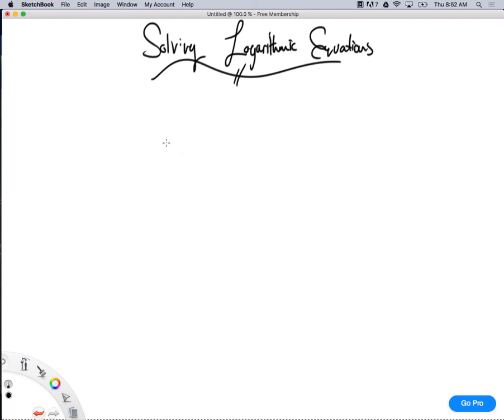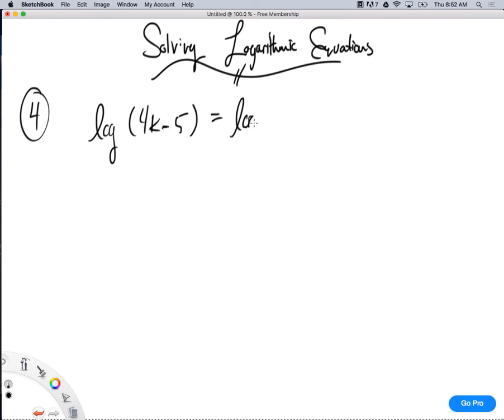But a good example for this one would be number 4, where we have log of 4k minus 5 equals log of 2k minus 1. You just set them equal. It's the same log, same base of the log, so you just set them equal. You get 4k minus 5 equals 2k minus 1.